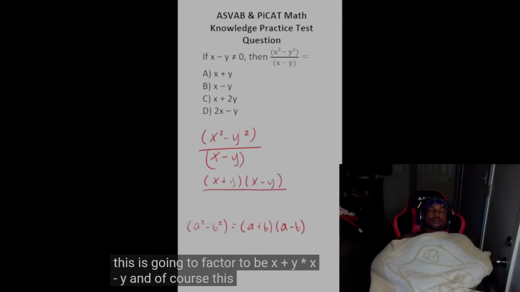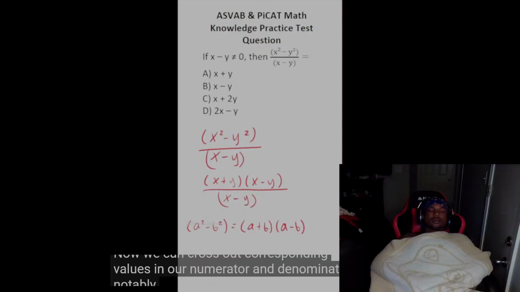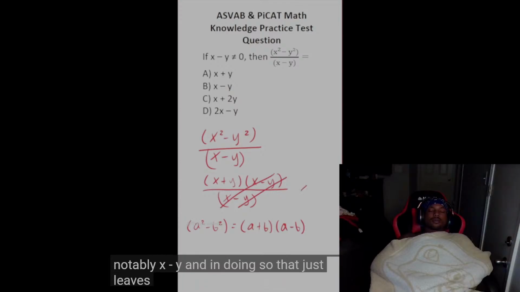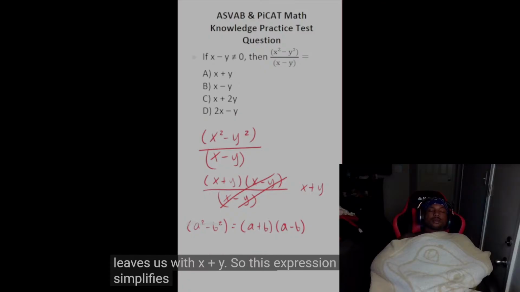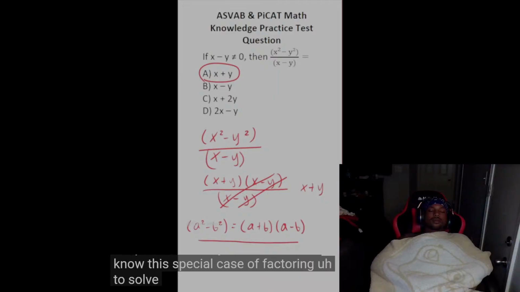And of course, this is over x minus y. Now we can cross out corresponding values in our numerator and denominator, notably x minus y. And in doing so, that just leaves us with x plus y. So this expression simplifies to x plus y. You did have to know this special case of factoring to solve this one.